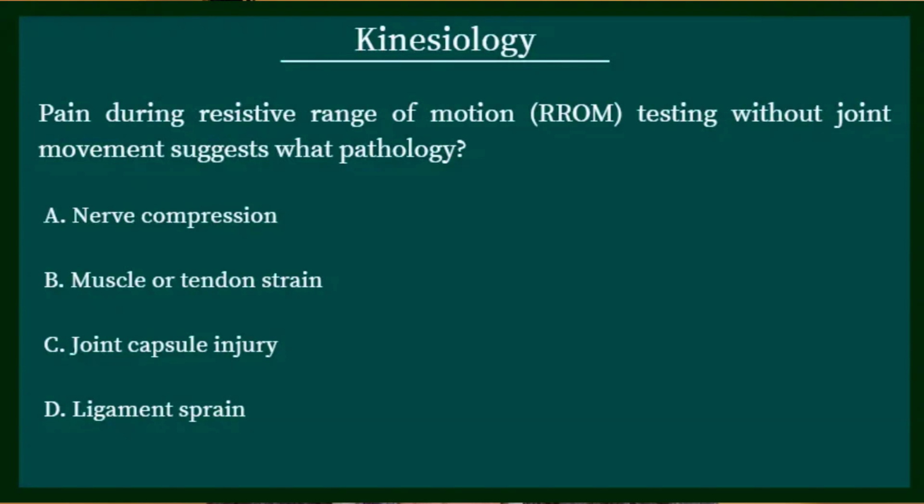A, nerve compression. I don't think it's nerve compression, because you could have pain during a resistive range of motion, like say, someone's holding your head and you resist against the hand on the back of your head and you feel pain, but you also feel it shooting down your back or up into your head.